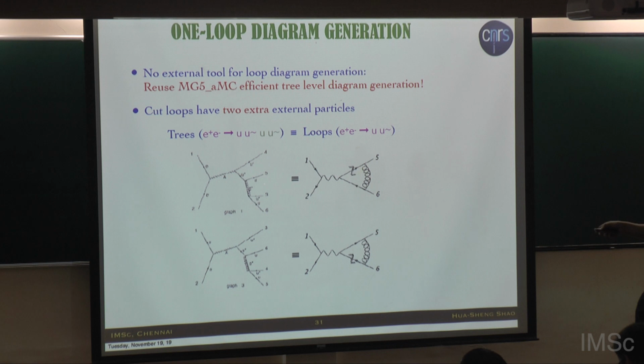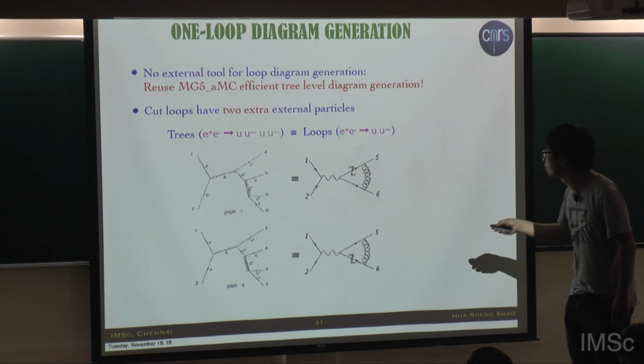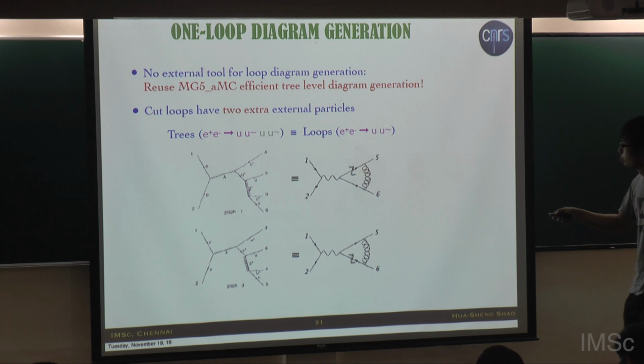However, there are of course the legs of the cut loop. These are, I think, 6, 5, and these 3 and 4. The numbers are arbitrary, but there are cut loops. If you cut, you go to 2 external legs of the u u-bar. They are treated differently from true external legs, right? So similar for here. This is the basic idea behind how the loop diagrams or loop amplitudes are generated in MadGraph.